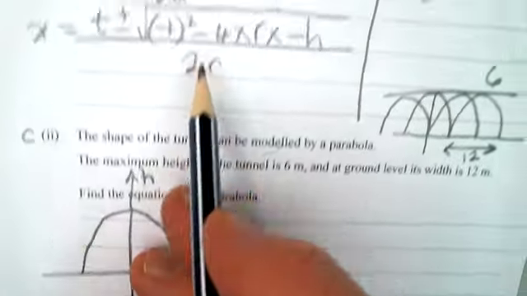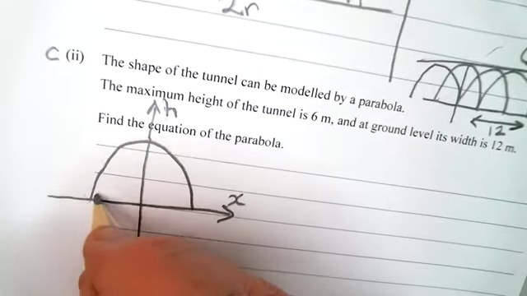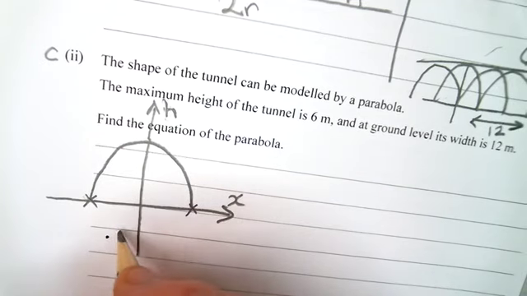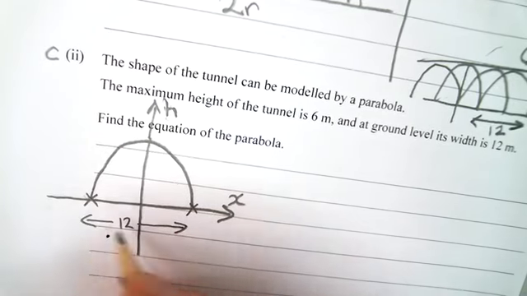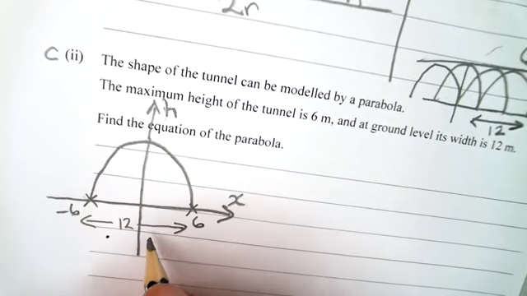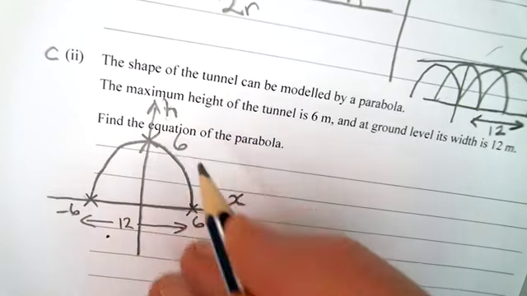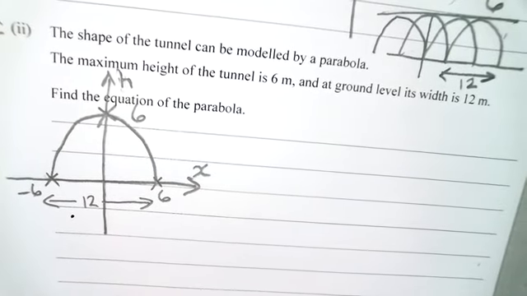Well, they called it h for height up here, so I think it's reasonable that we follow their lead. And it crosses here. We know this bit here is 12 meters wide, which would make this here a 6, and this a -6. And of course, this here is 6, because it's 6 at the apex, so, at the turning point.